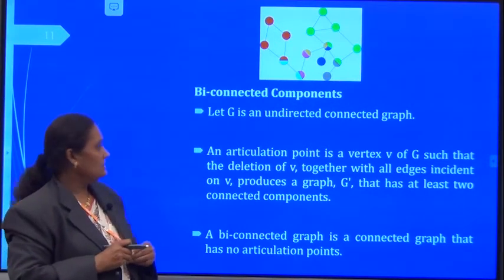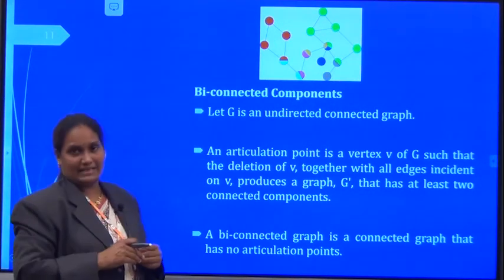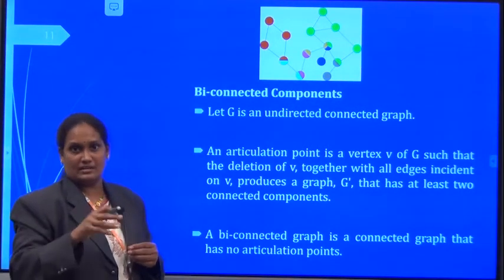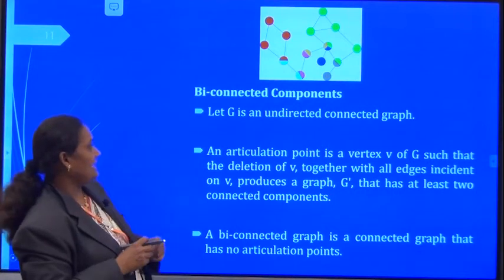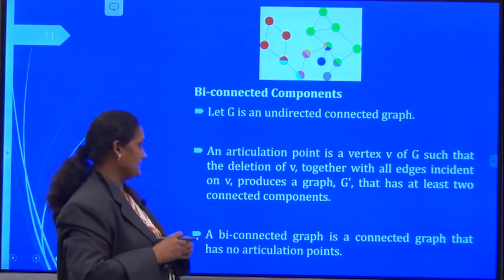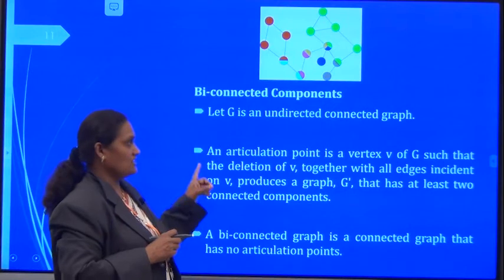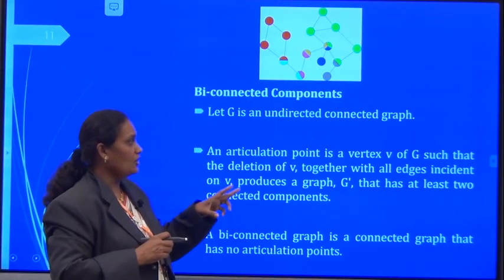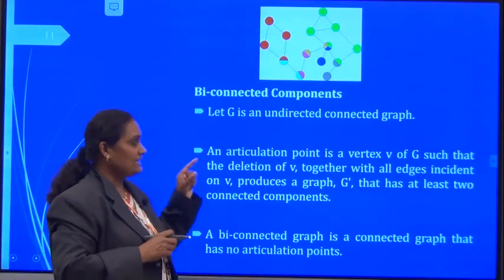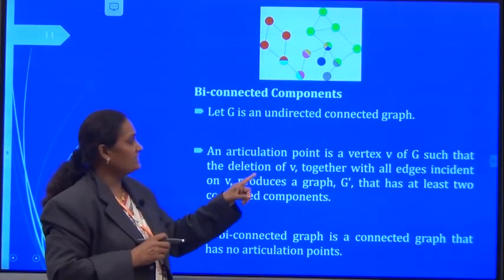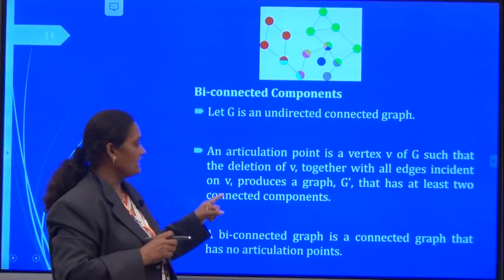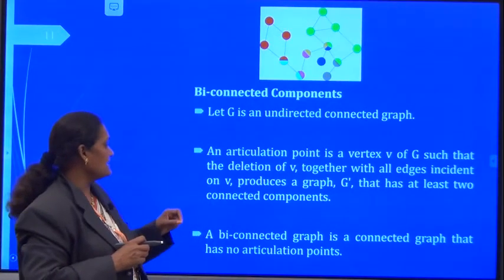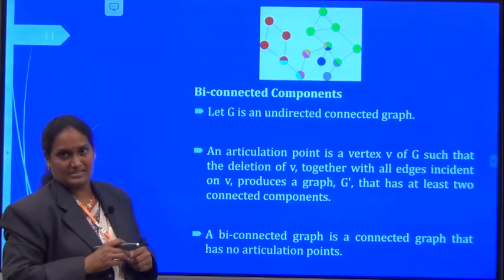Biconnected components. Before going to know about biconnected components, first you need to know the articulation point. What is an articulation point? Let G be an undirected connected graph. An articulation point is a vertex V of G such that the deletion of V together with all edges incident on V produces a graph G dash that has at least 2 connected components.